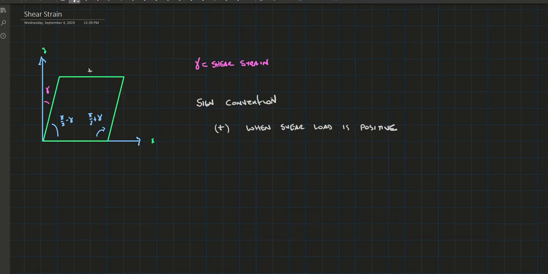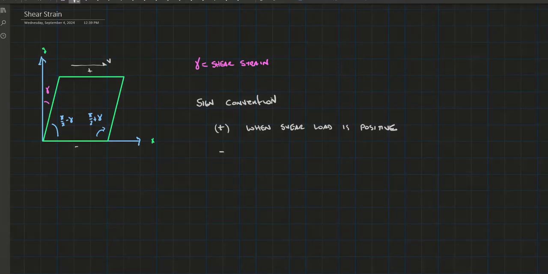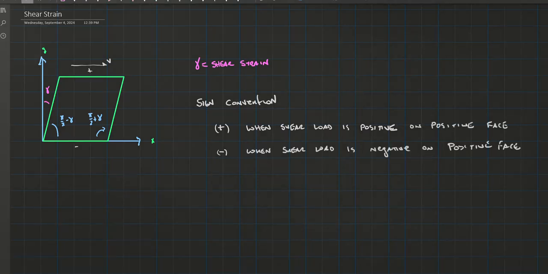So this is the positive surface, this is the negative surface. So if the force is acting on this surface in a positive direction, which it does to cause this, it's heading towards the positive direction of X. So that's positive shear strain also. And the opposite is true, negative. So it's negative when the shear load is negative on the positive face.